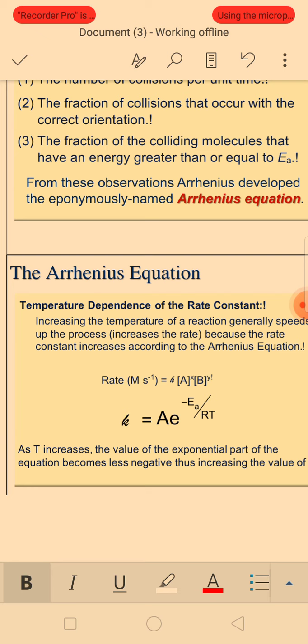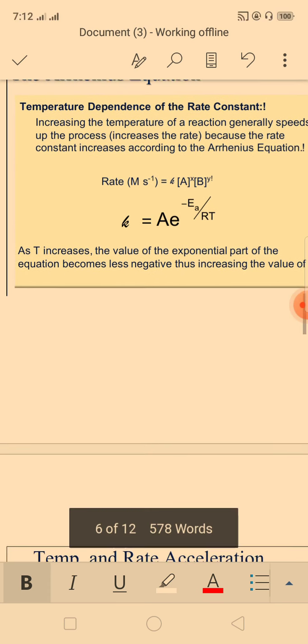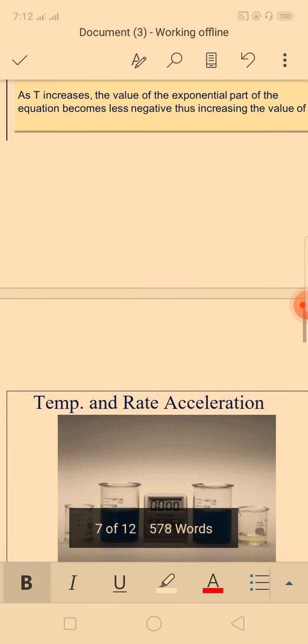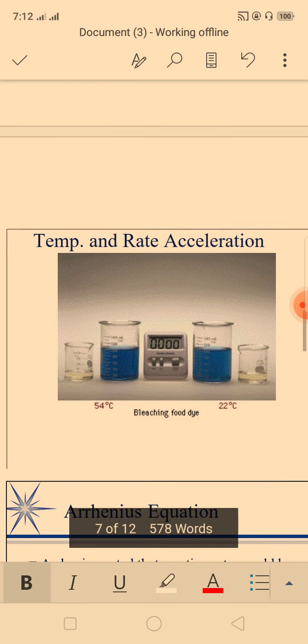Hence the exponential factor, collision factor, orientation factor increase, and effective collisions are much more in fraction, so the rate of reaction generally increases as observed in the Arrhenius equation. Temperature and rate of reaction.